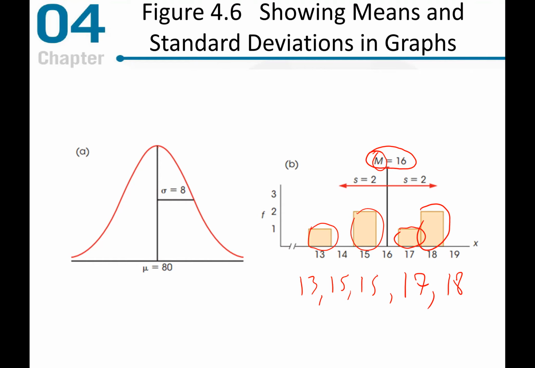So in this one, the mean is right here again. This denotes the sample mean, that vertical line. And jutting out from the left and from the right is the standard deviation, meaning that, again, the standard deviation tells us, on average, how far away scores are from the mean.